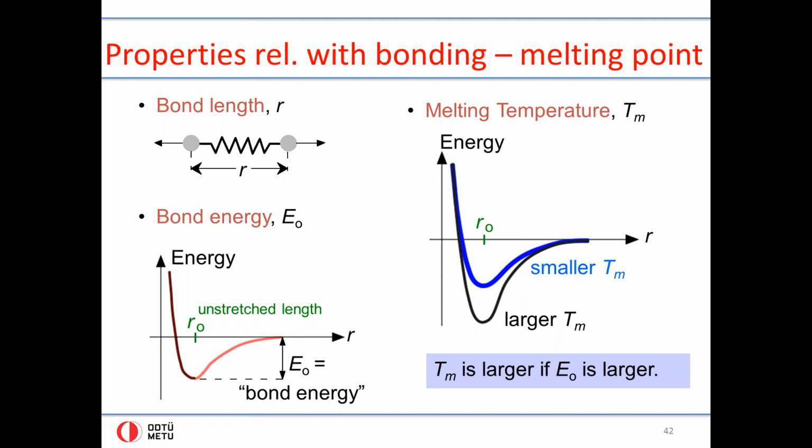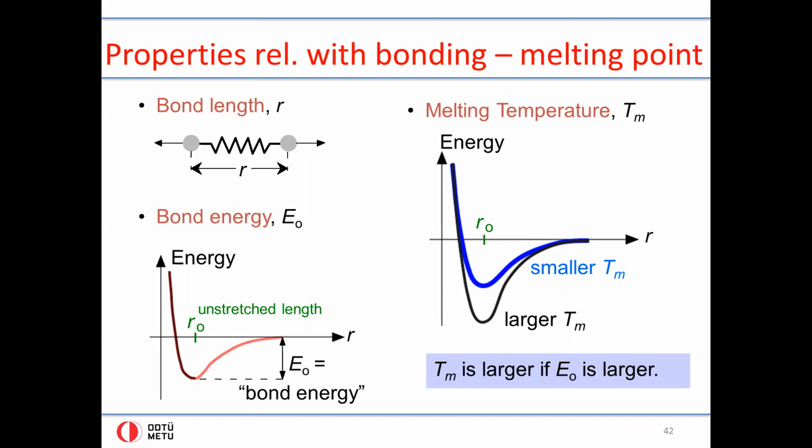They get farther apart, not so much that they become a gas, but far enough that the bond length represented by R, from the center of one atom to the other atom, grows to a significant value.